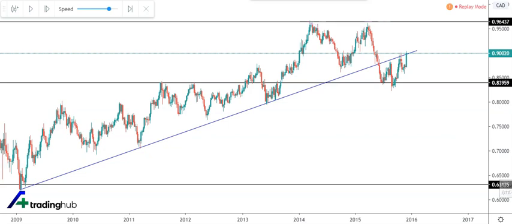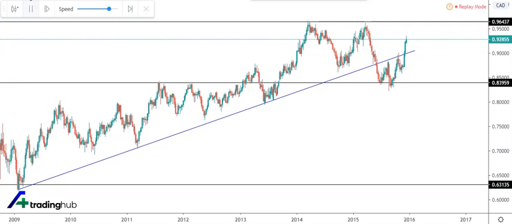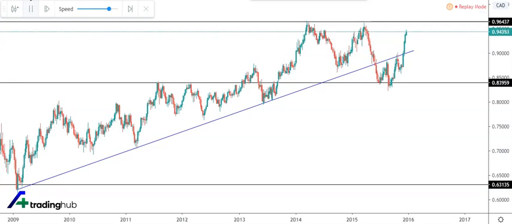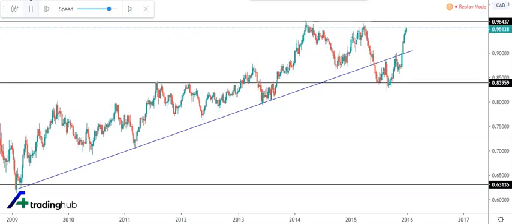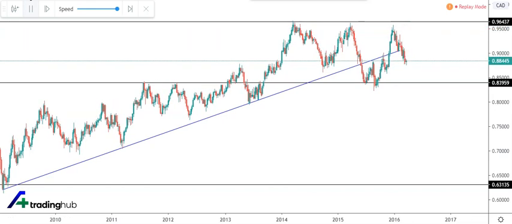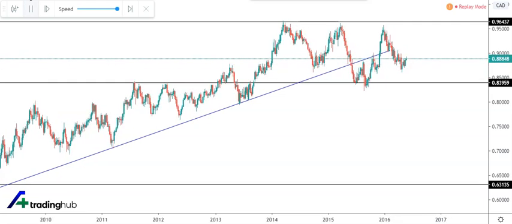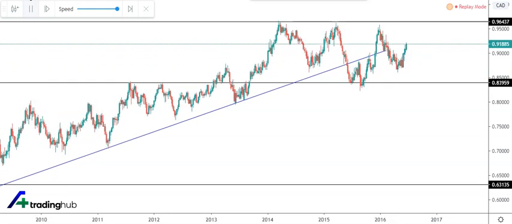So let's see what price did from here. See, price is pushing down, retested that zone again and pushed down.